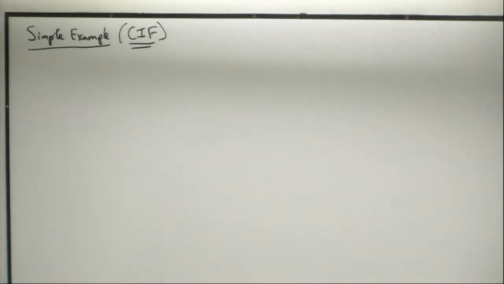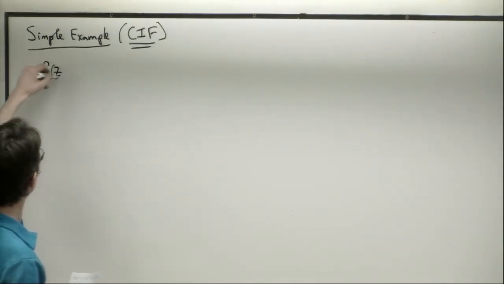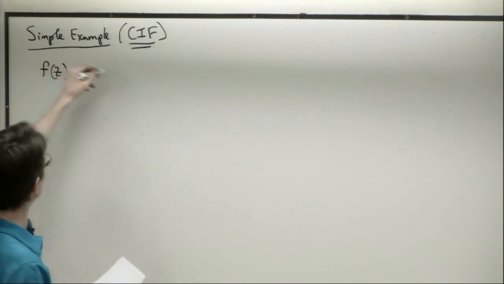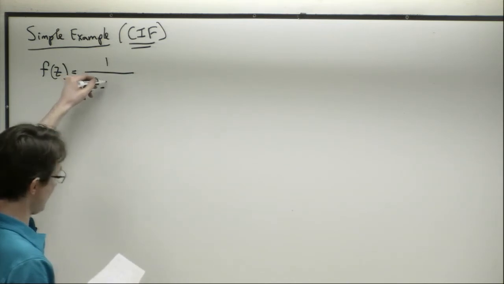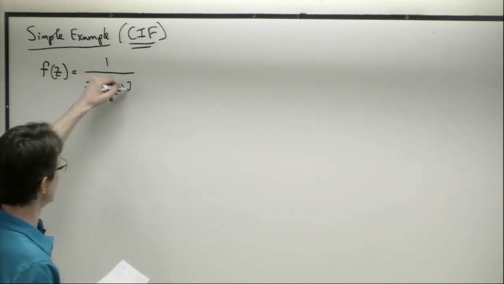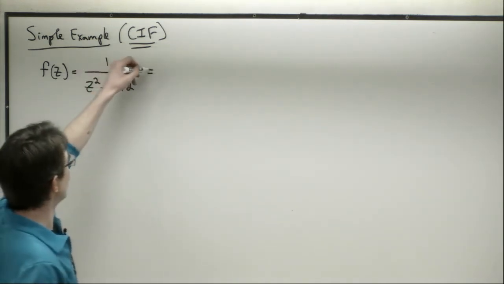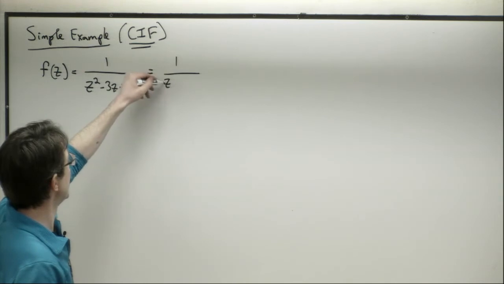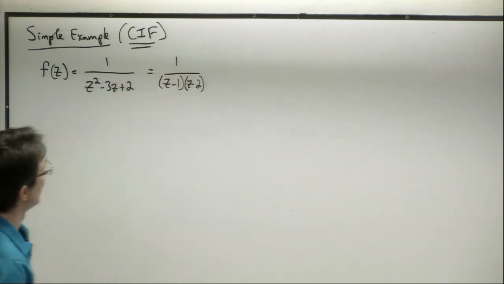Okay. So let's say that my function f of z is equal to 1 over z squared minus 3z plus 2. Okay, this is my function. And I'm going to be able to factor this, so it's 1 over z minus 1 times z minus 2.